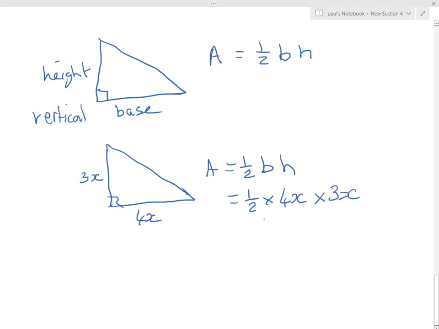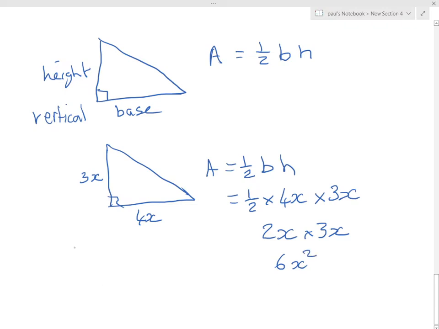Now, a half times 4x is 2x, and times 3x, so you go 2 times 3 is 6, and x times x is x squared.